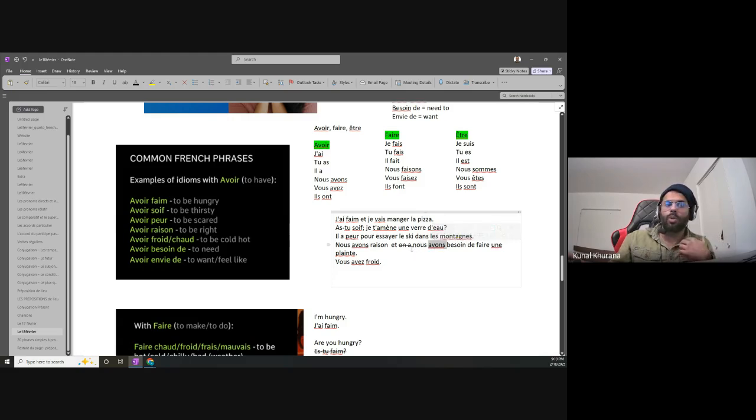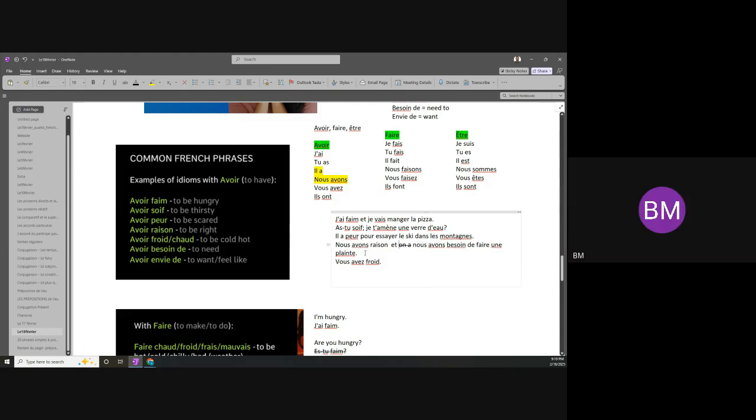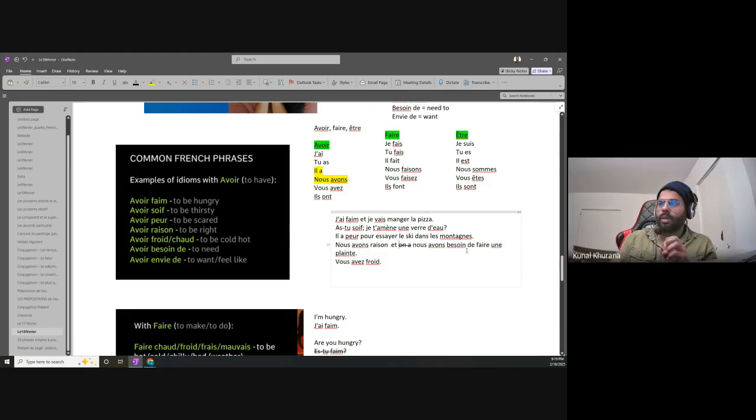Donc je ne peux pas dire nous a besoin. Non, ça ne se fait pas. Avec on, ça va être a, parce que troisième personne au singulier. Avec nous, ça va être avons. Alors faut pas se tromper des sujets et de la conjugaison. Donc les deux sont corrects. Nous avons raison et nous avons besoin de faire une plante.